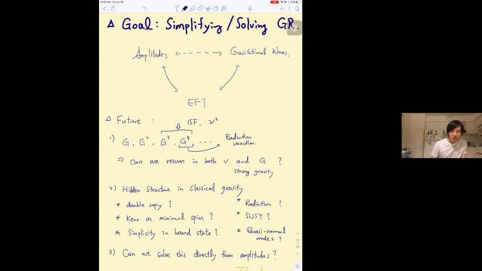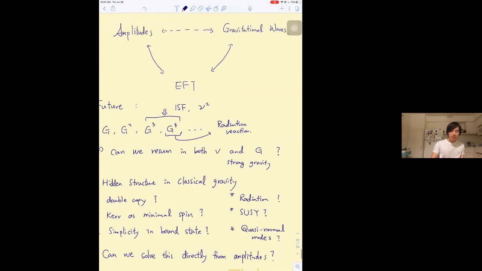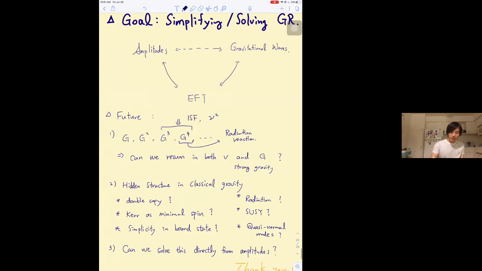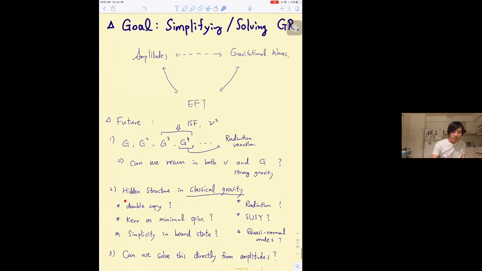The second future direction is that the amplitude program really gives us a chance to study the hidden structure of classical gravity. For example, a very interesting development so far is the double copy relation, especially the work by Donal O'Connell and his collaborators on the space-time structure using double copy ideas.